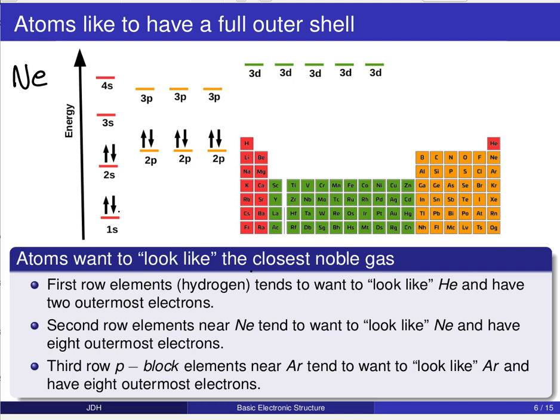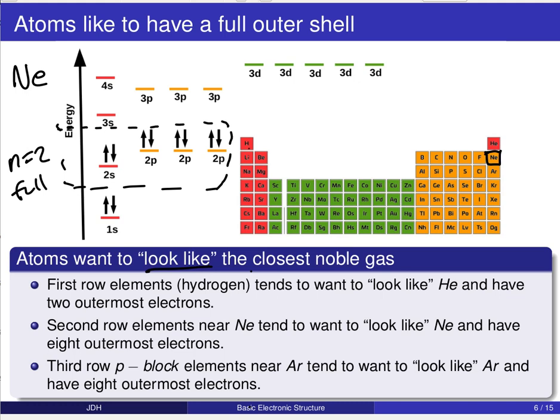So neon puts 10 electrons and completely fills up its outermost n equals 2 shell. Right? So the n equals 2 shell is full. And so notice neon corresponds right over here to this noble gas. So another way of saying this is that atoms essentially want to look like the closest noble gas. All the atoms want to look like a noble gas.